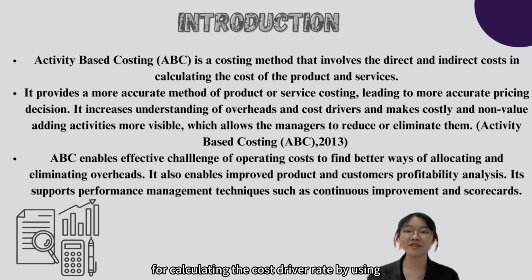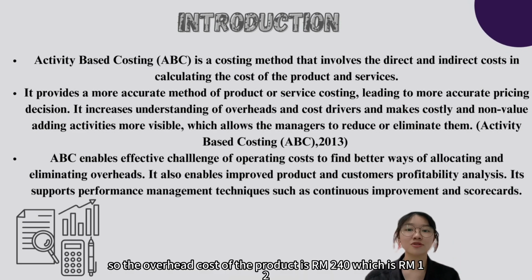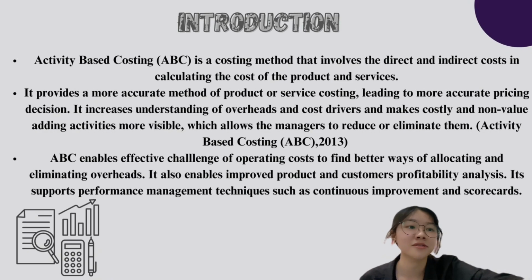The cost driver rate is calculated by dividing 30,000 ringgit Malaysia by 2,500 labor hours, which is 12 ringgit per hour. For product A, the company uses electricity for 20 hours, so the overhead cost of the product is 240 ringgit, which is 12 ringgit times 20 hours.